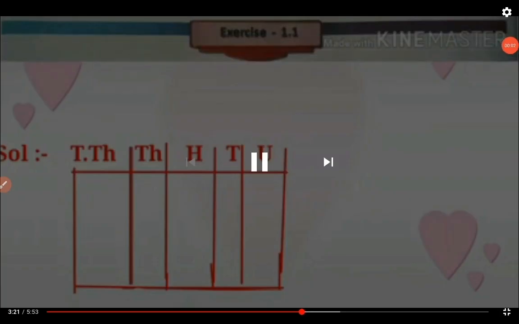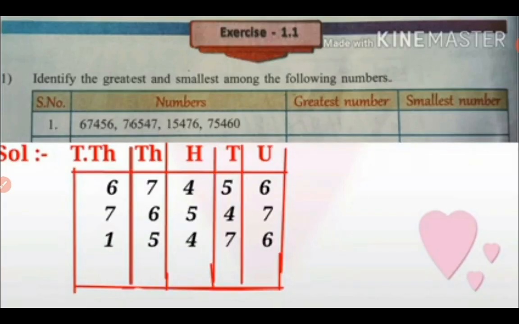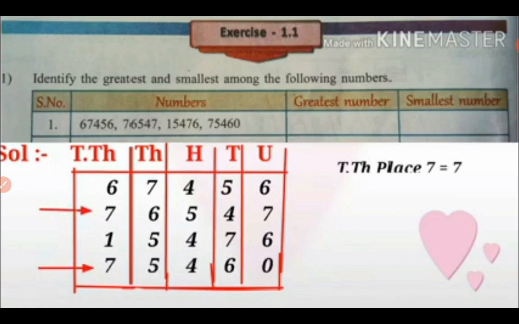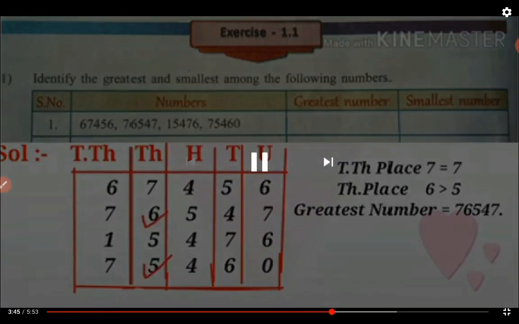Okay, let's go to your exercise 1.1. You have to identify the greatest and smallest among the following. Let's place all the numbers in their place values. After you place them, see, the highest place is 10,000. So in 10,000 you have two numbers with 7.